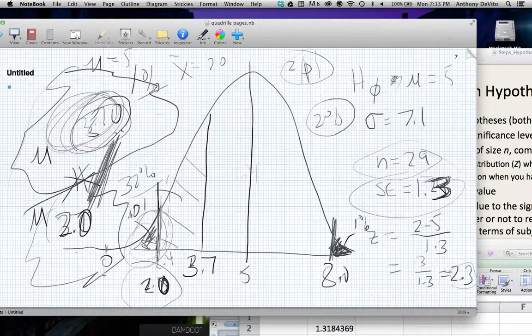In order for me to get that small a probability of being wrong, when I say the two populations are different, I would have to have a big, gigantic what? Sample size. It would have to be an enormous sample size, right? And we generally can't afford that.